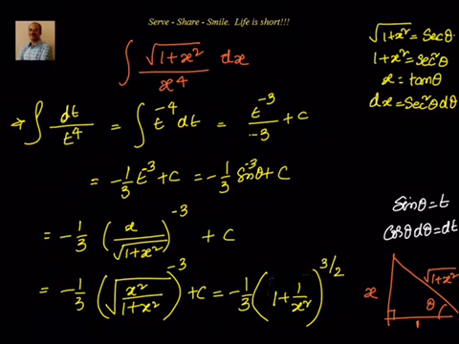So that's the solution we got earlier, that is minus 1 by 3 into 1 plus 1 by x square whole to the power of 3 by 2. So two ways of solving this problem.